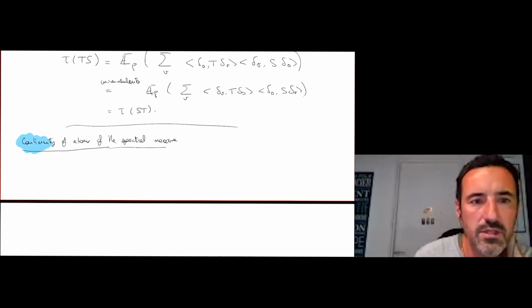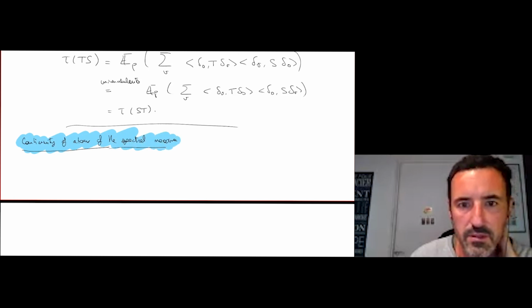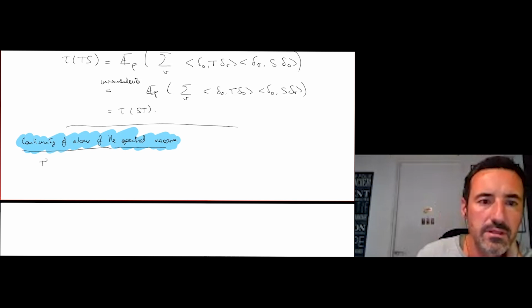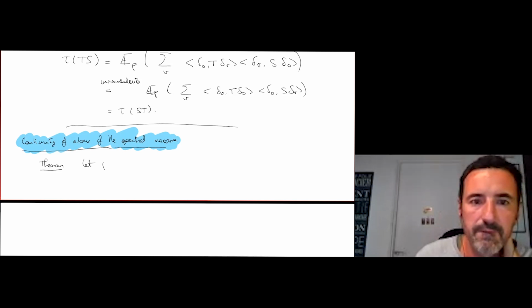Okay, there was nothing subtle in the previous continuity argument. Here, you will see there is a subtlety. I will state a theorem. Let rho be a unimodular probability measure.